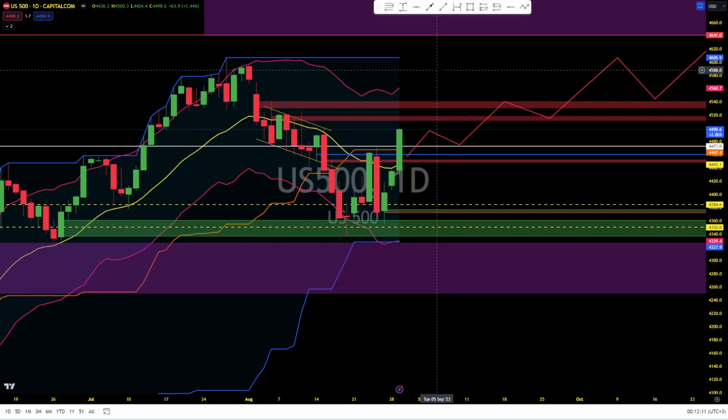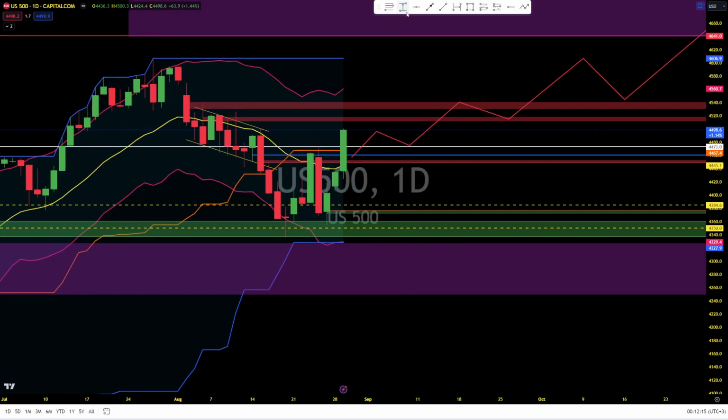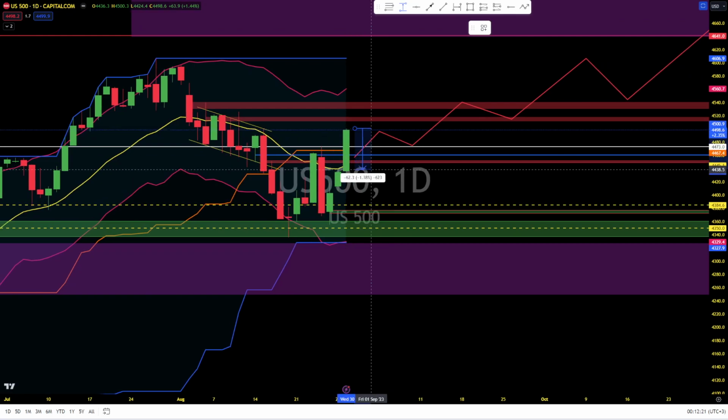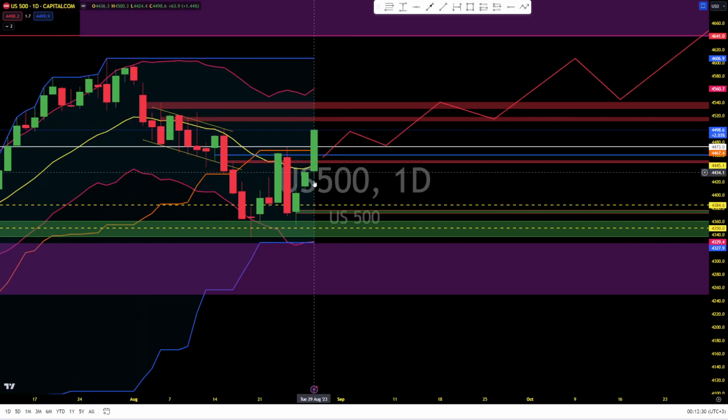What I think is cool about the system is that it could give you this trade where you can go long today, and the stop loss is basically almost this entire candle below the moving averages, which sometimes is a bit of a big stop loss because we had a big candle today.